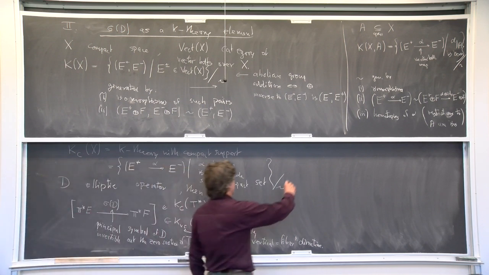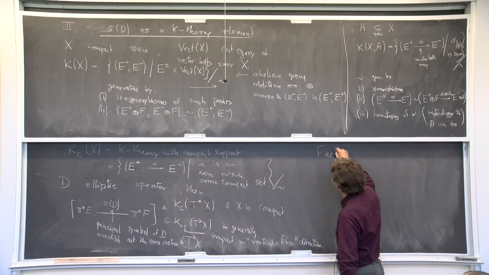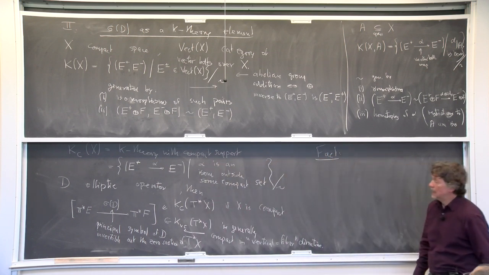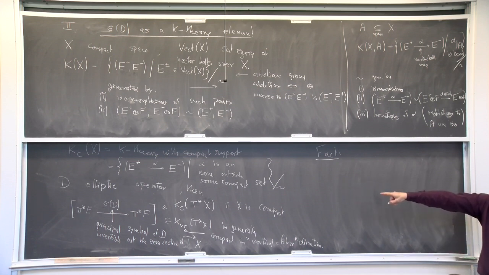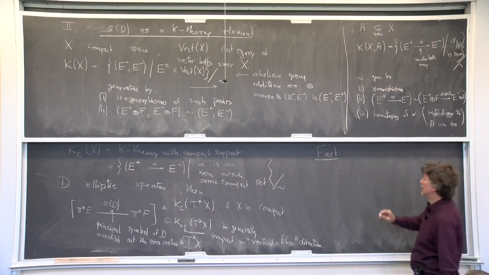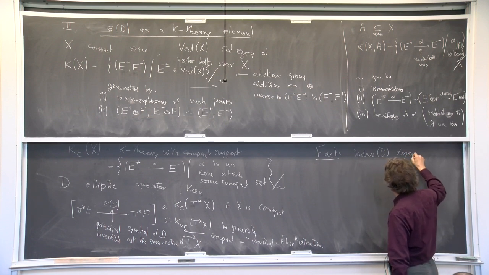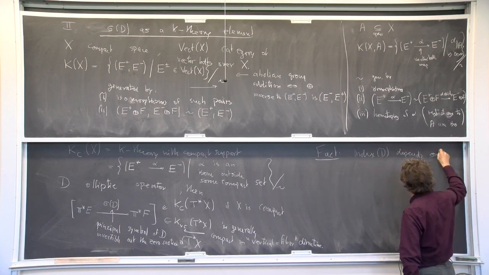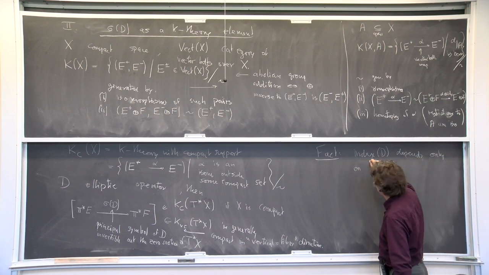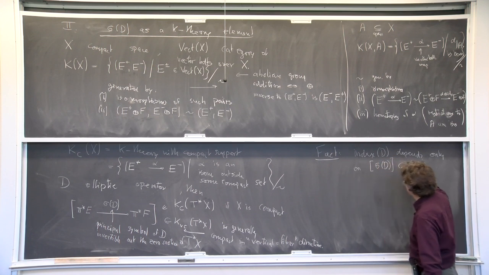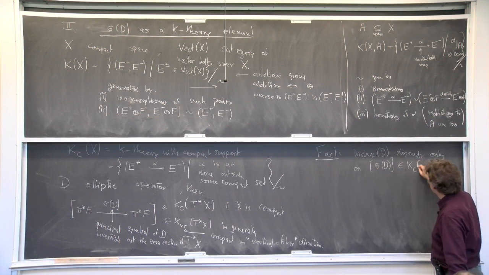And here's a cool fact, namely, the index of this elliptic operator will only depend on that K-theory class. The index of D depends only on the class that the principal symbol of D represents in the K-theory with compact support of the cotangent bundle.